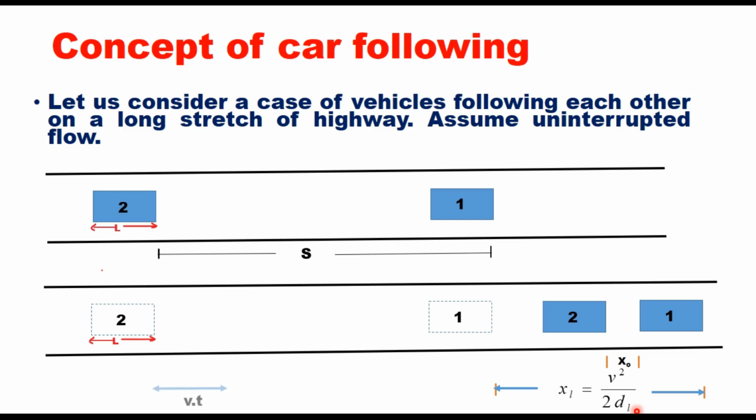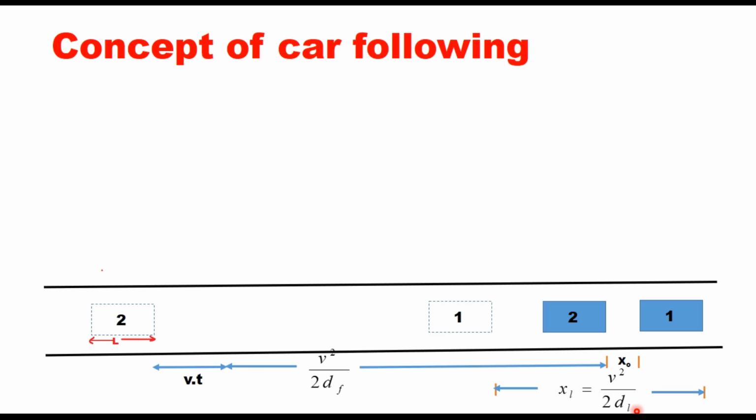And the following vehicle will require certain reaction distance, that is V into T, plus the braking distance V square upon 2 DF. DF here is the deceleration rate of the following vehicle. And you can say that the total distance required by this vehicle, the following vehicle, will be Vt plus V square upon 2 DF.